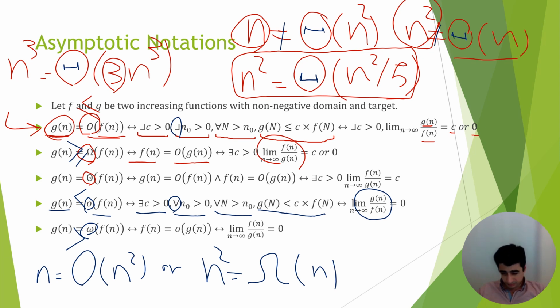And if I want to help you make more sense out of these limit definitions, I can say big O notation, or asymptotic notation in general, only cares about big values of n. That's why we care about the limit when n goes to infinity. And there's an important reason behind this. Why do we use asymptotic notation when we want to compare two algorithms' time complexities? The reason is we don't care about small input sizes.